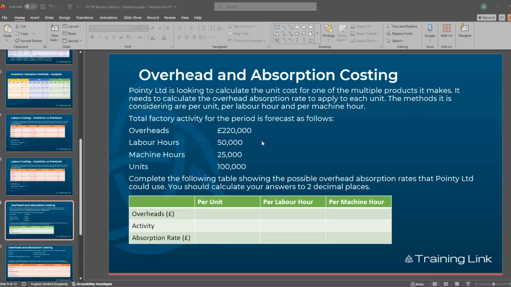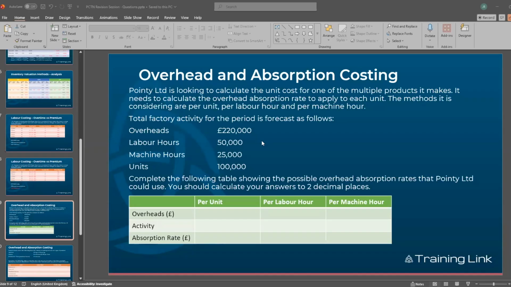So this is a typical question that we might be given. So I'll go through it and then we'll break it down as we go. Pointy Limited is looking to calculate the unit cost for one of the multiple products it makes. It needs to calculate the overhead absorption rate to apply to each unit. The methods it is considering are per unit, per labour hour, and per machine hour.